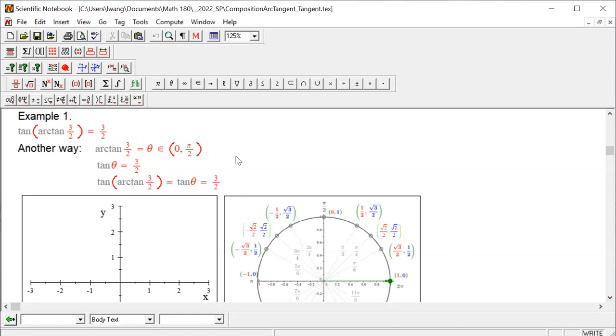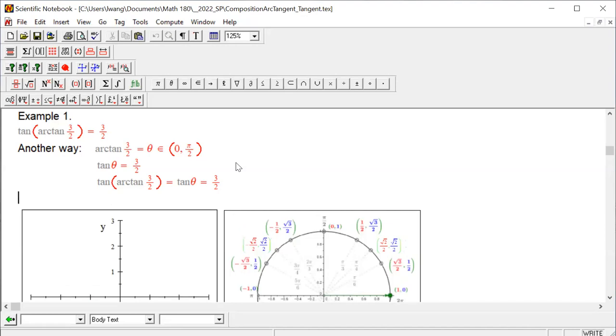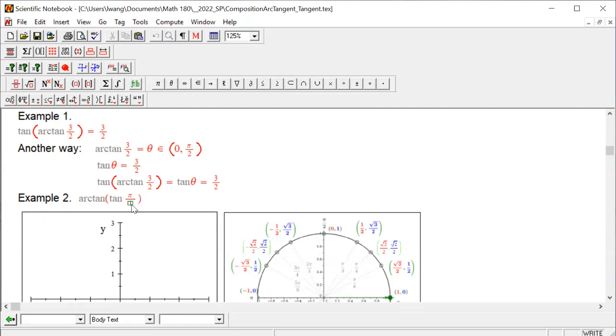Okay, so let's look at example number 2. And this one, we have a situation which is arctan of tan of pi over 6.